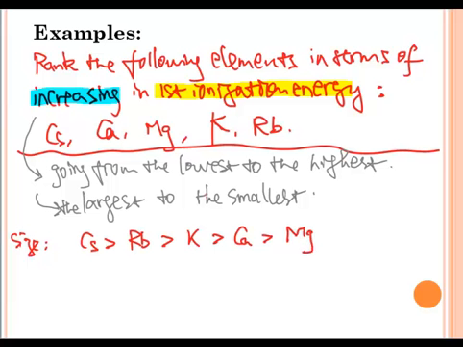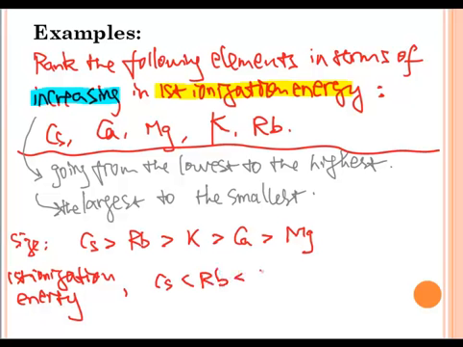In terms of first ionization energy, cesium is going to be smaller than rubidium, which is smaller than potassium, which is smaller than calcium, which is smaller than magnesium. Okay, so when we use this kind of approach, just be careful about group 2 to group 13, and group 15 to group 16. This is where these two abnormalities happen.